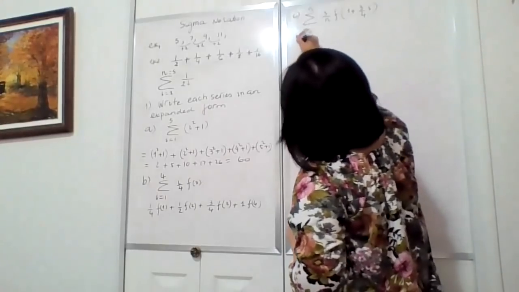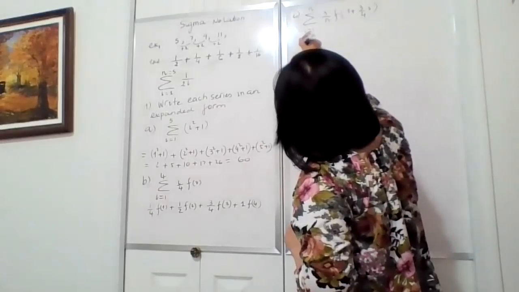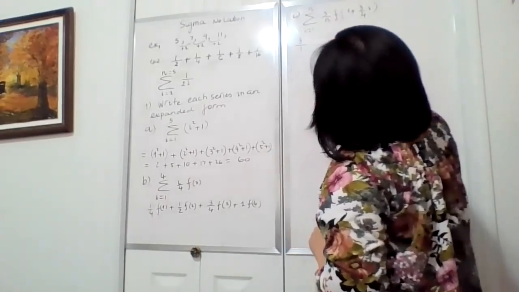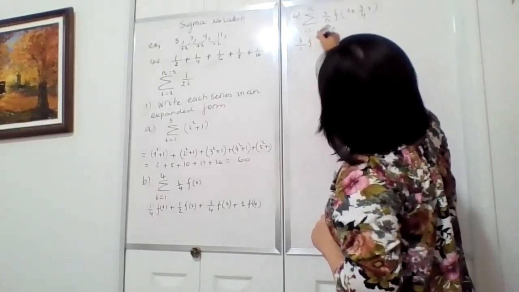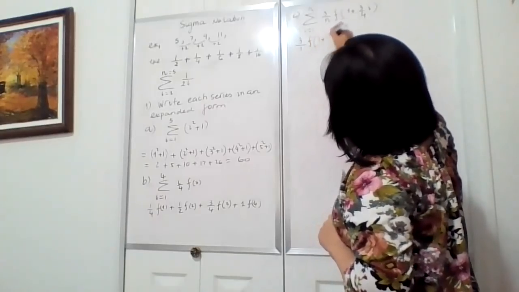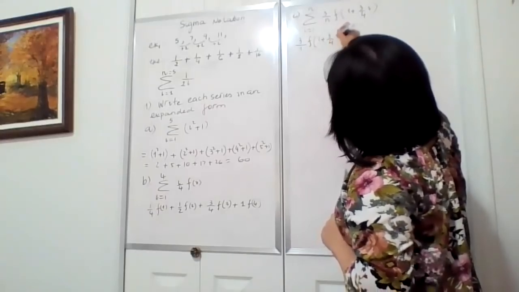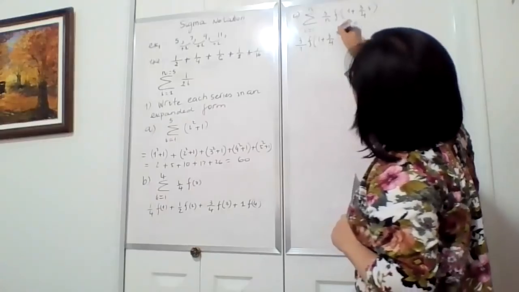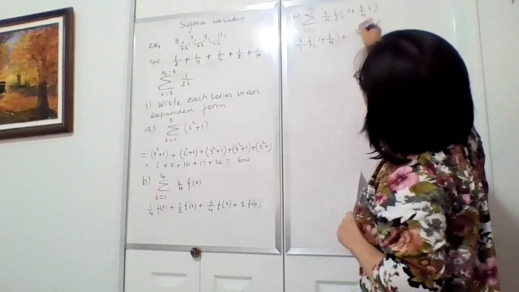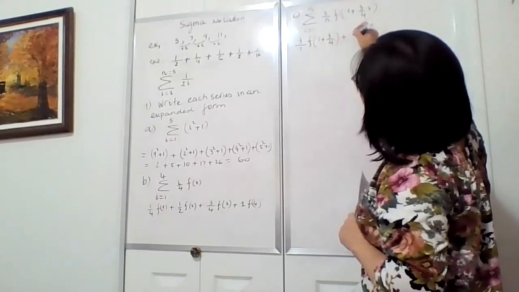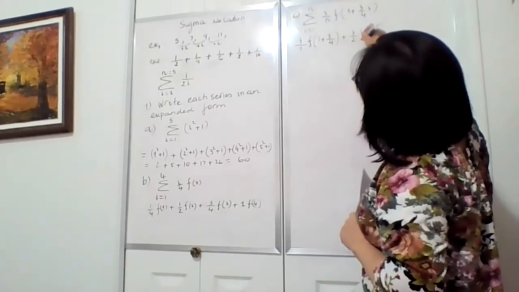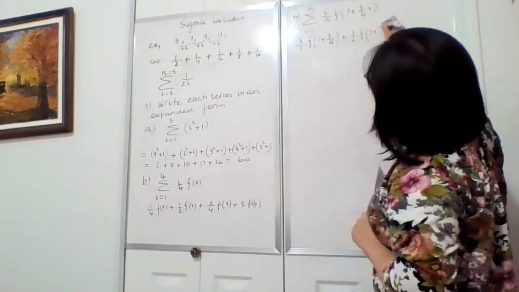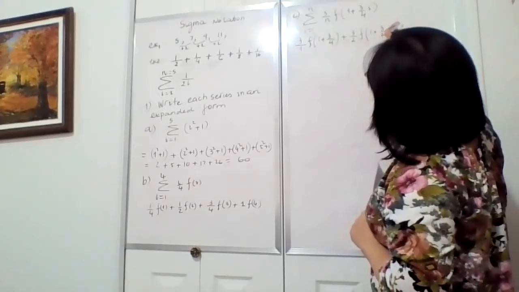So I'm going to say the first one is 3 over n, f of 1 plus 3 over n times i, where i is 1, so just 1, right? The next one will be 3 over n, f of 1 plus, just follow the pattern, right?